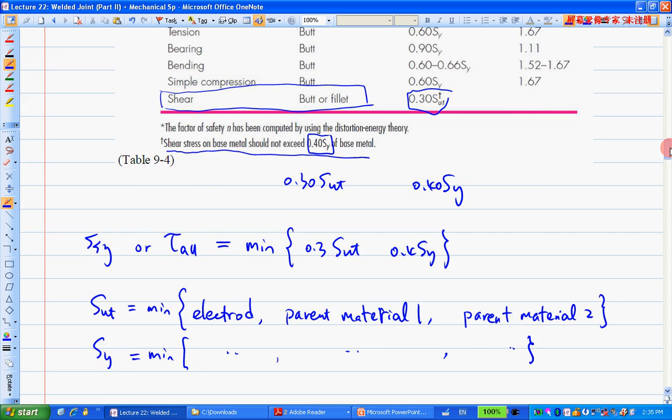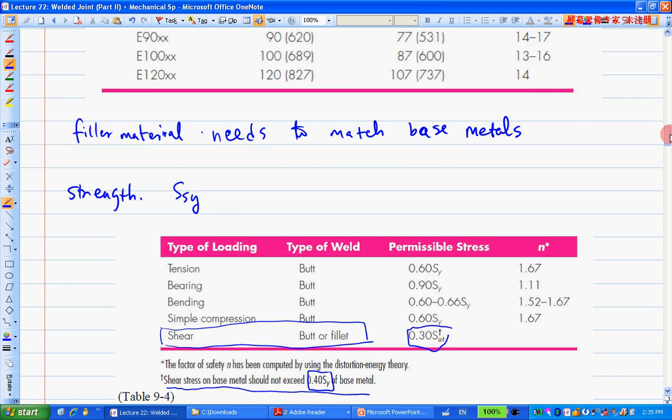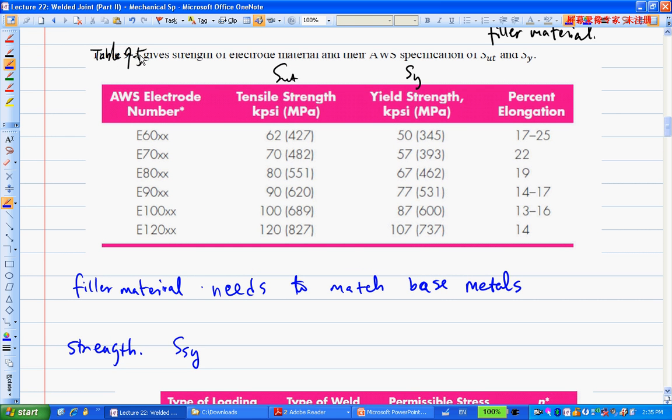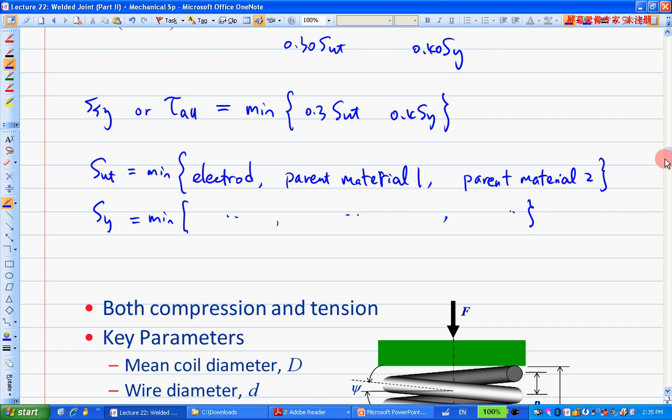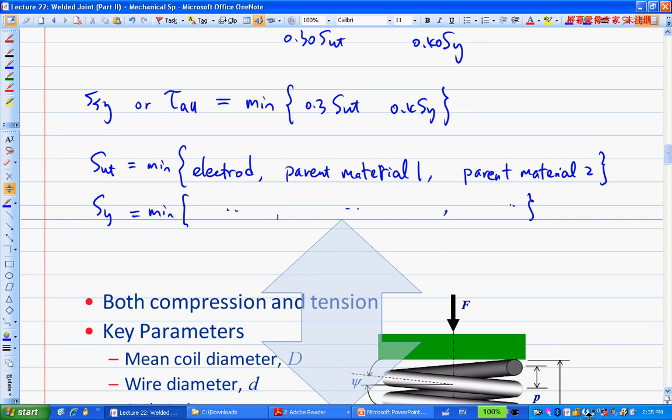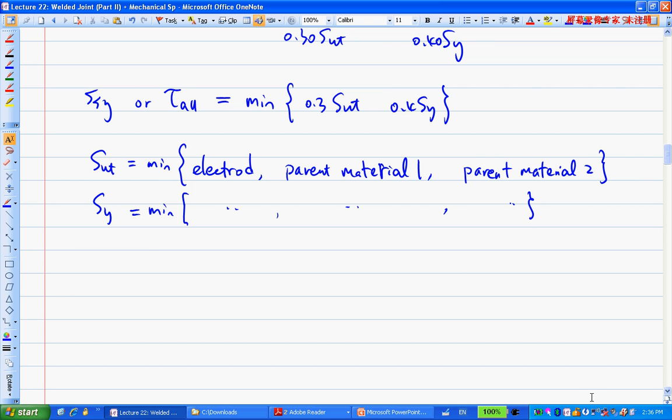So where do I get this SUT for the electrode? That's table 9-5, from here, to get SUT and SY for the electrode. Where do we get the parent material SUT and SY? You go to the table from the appendix. That's how you get SUT and SY. Then you plug it in here.